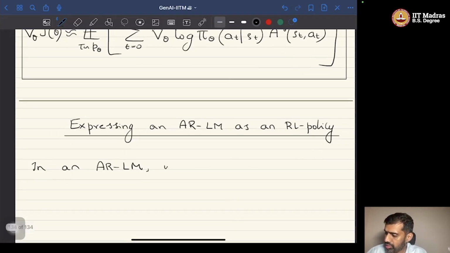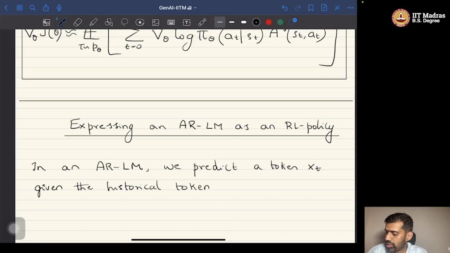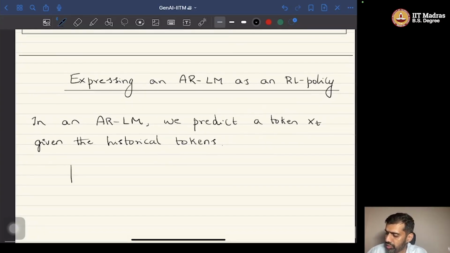What we predict is a token xt given the historical tokens. This is what we do, which is we are modeling p theta of xt conditioned on everything that is less than t.